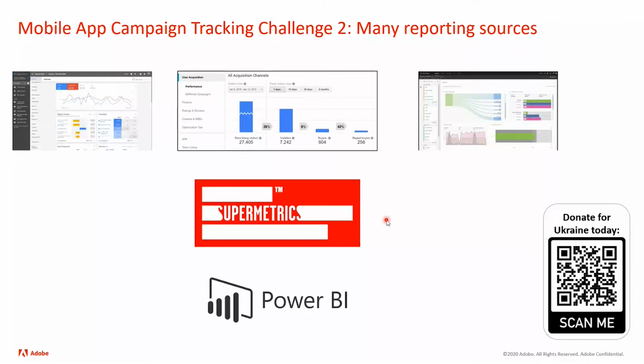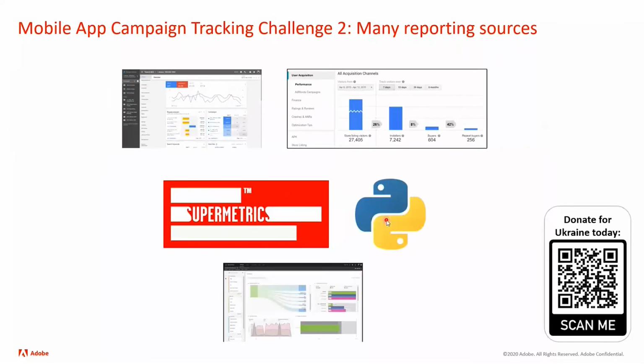So what we can do alternatively is utilize data sources in Adobe Analytics. Data sources can, as you probably know, import any summary level data from any system you like. So using the same tool like Supermetrics or even some custom Python script, you can bring all that data together in Adobe Analytics.